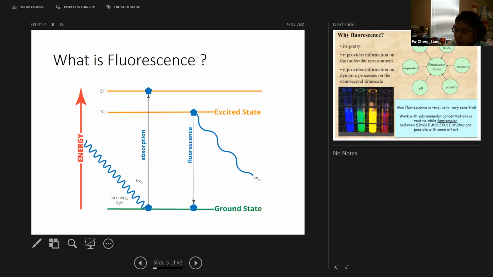So they are going to release energy out of the molecule, and this energy release is called fluorescence. So fluorescence is when a molecule absorbs light and goes to the excited state, and then from the excited state goes back to the ground state, releasing light again. We call this fluorescence.